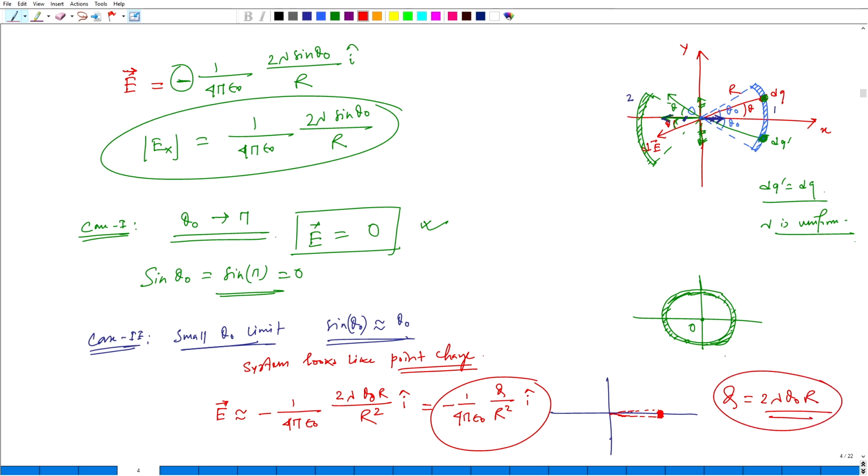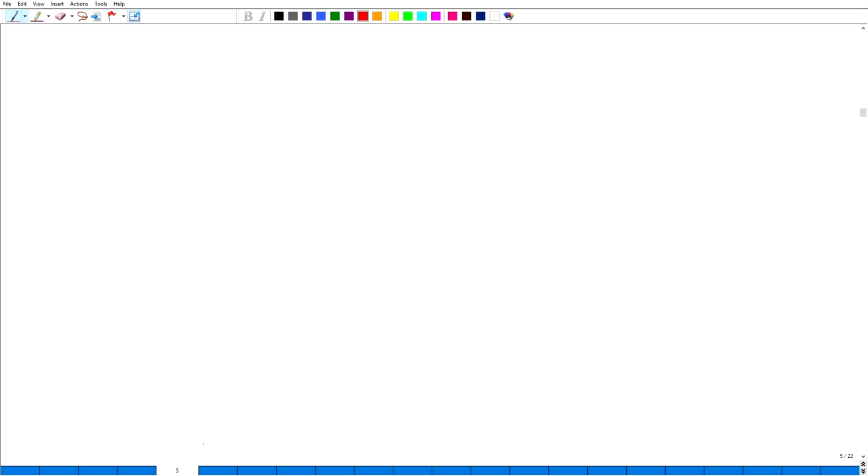So, let us calculate the total charge of this arc, okay. The total charge q is lambda times the integral of dl, where dl is r d theta.